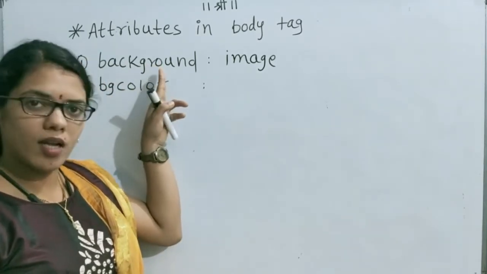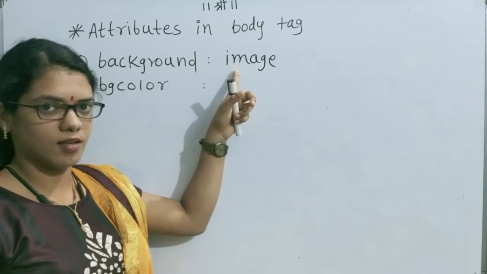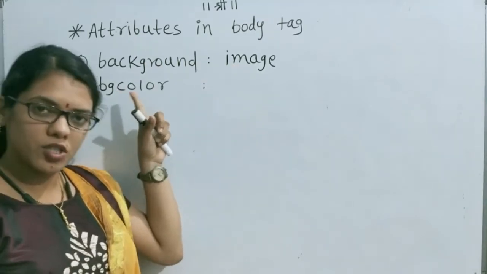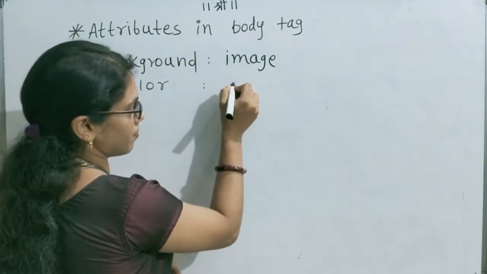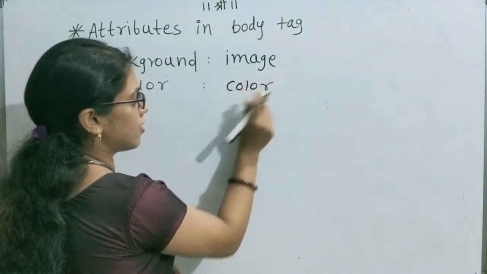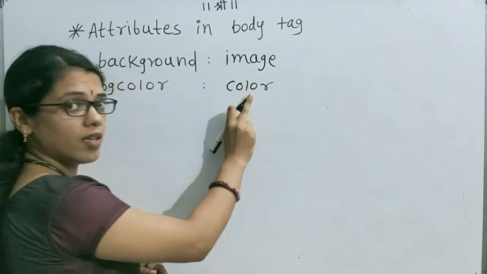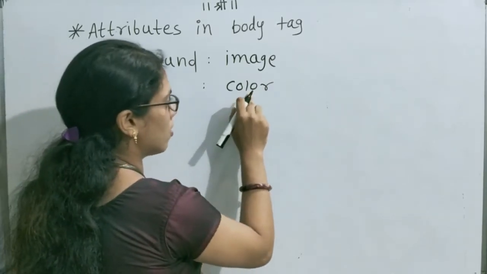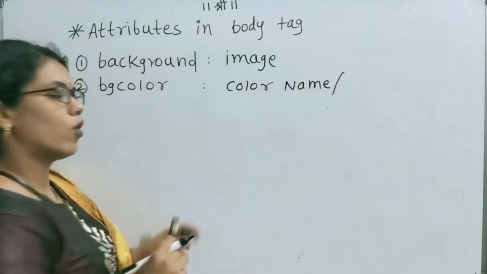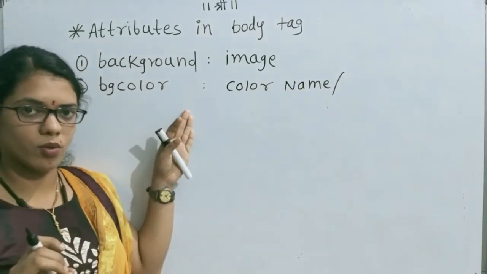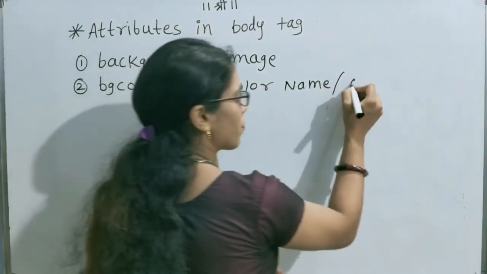For the background attribute the value is an image, so for the BG color attribute the value is a color name, where, CS students, the spelling of color is COLOR. And the second possibility for the same attribute is a color code.